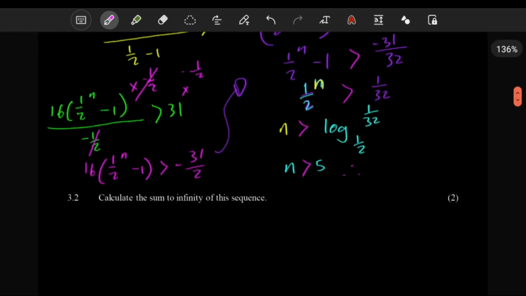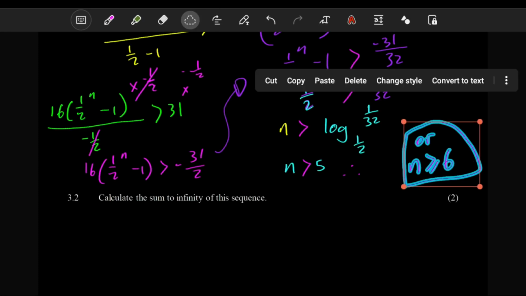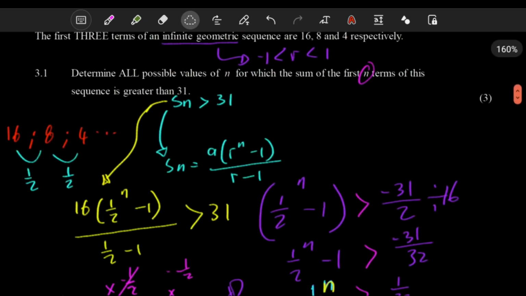So here, even if you wrote, let's say n is bigger or equal to 6, this is also a viable option, because anything where n is equal to 6 or bigger than 6, those would be scenarios where you would have added enough terms for you to at least have a sum that is bigger than 31.